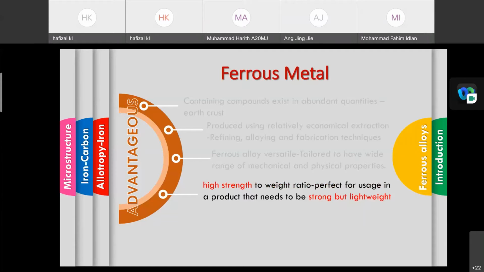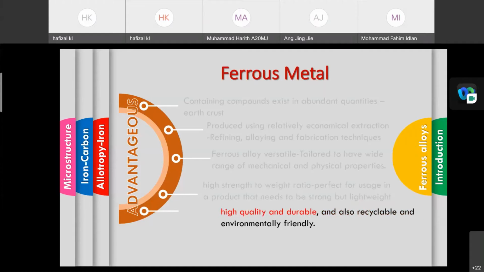So that one is very strong compared to its weight. It is also high quality and durable, and also recyclable and environmentally friendly. Ferrous metals can be recycled, and when we don't use them anymore, we can recycle them to make a different application.